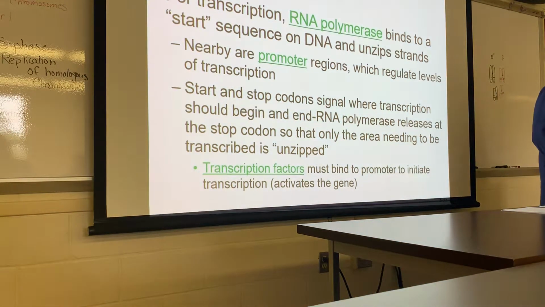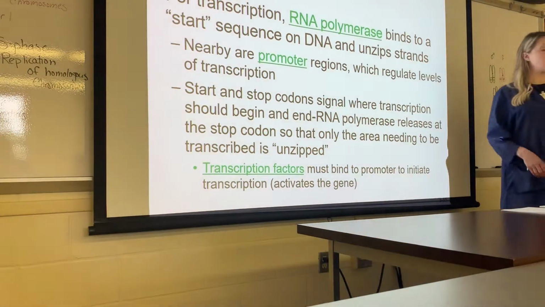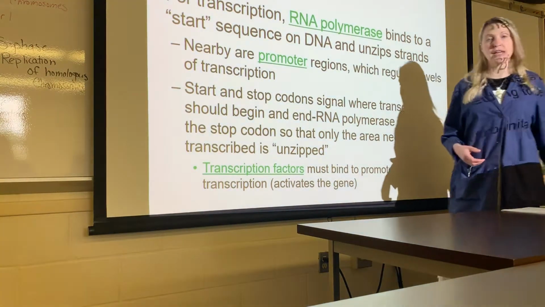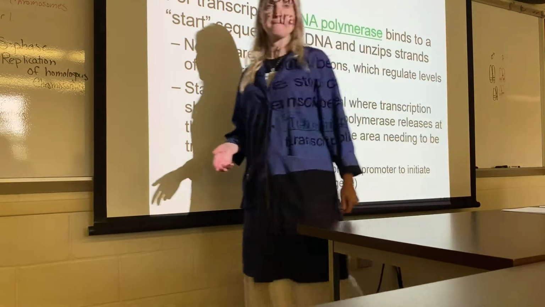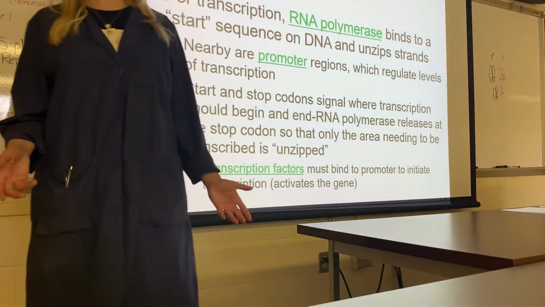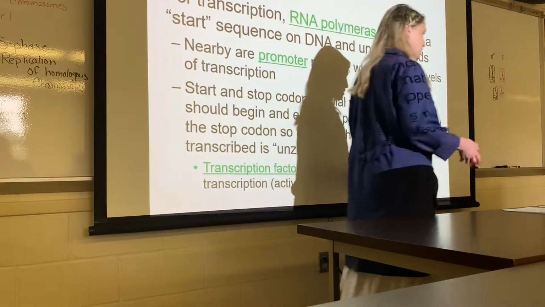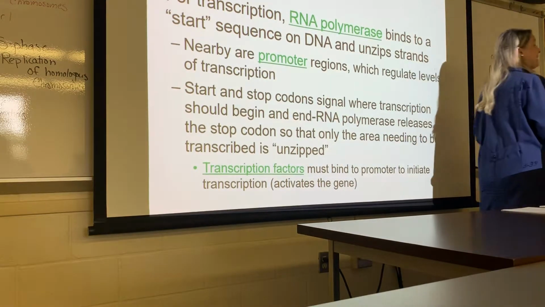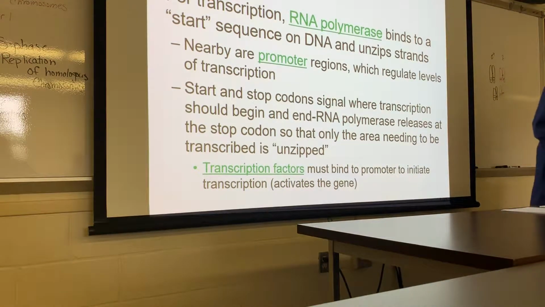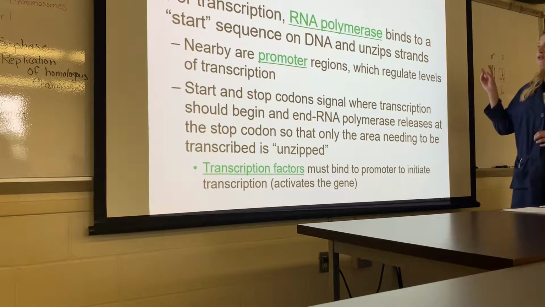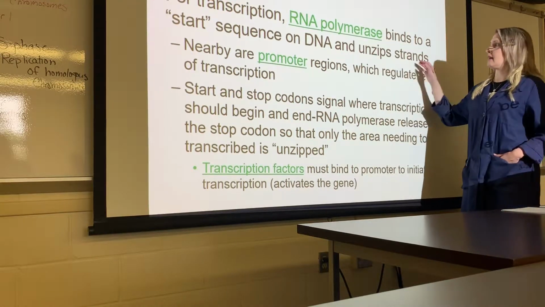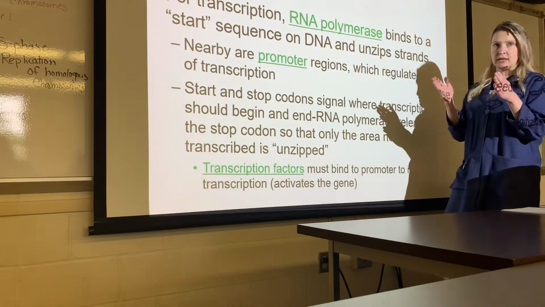So what happens is when we transcribe a gene, where does this happen in the cell? Transcription, where does it happen? In the nucleus, we transcribe our genes. So an enzyme called RNA polymerase will bind to the start sequence on DNA and unzips the strands.